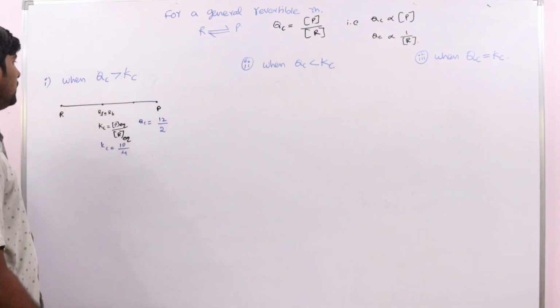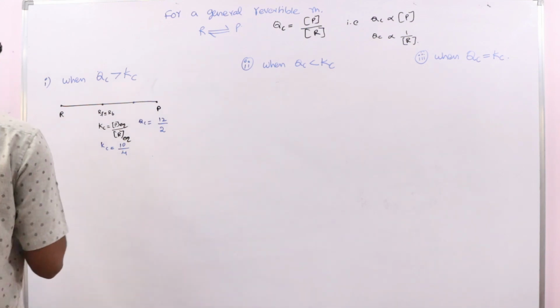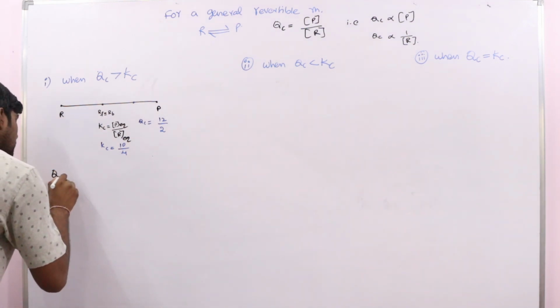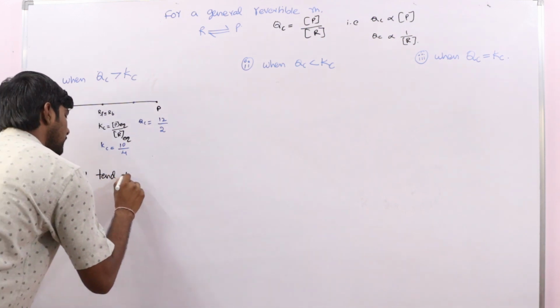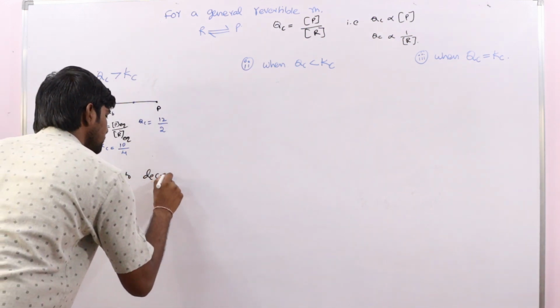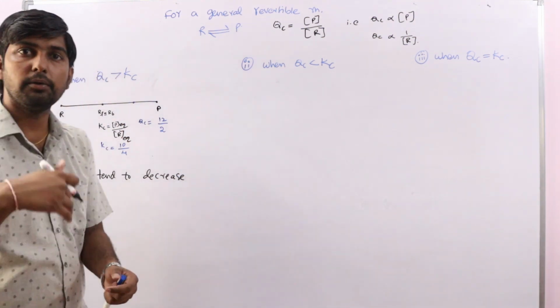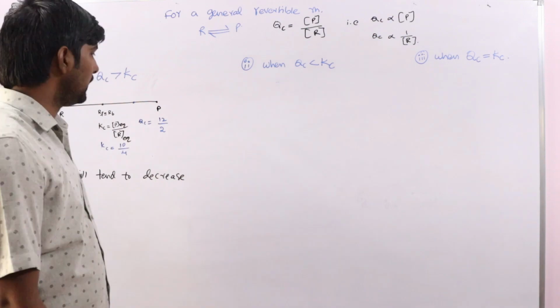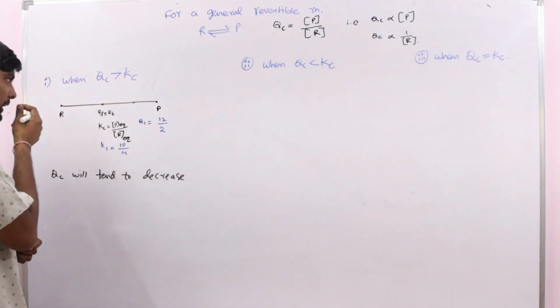Now when Qc is greater than Kc, Qc will tend to decrease its value. Why is it trying to decrease its value? That is a very, very important condition.